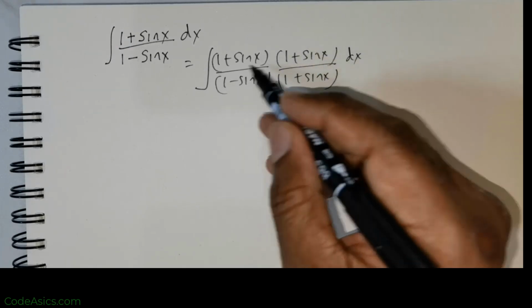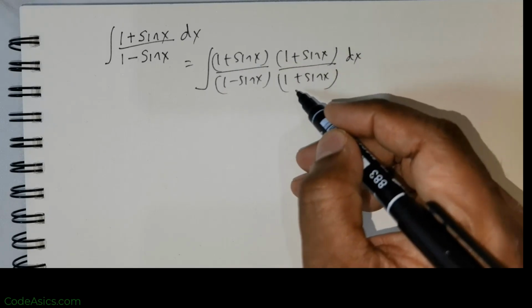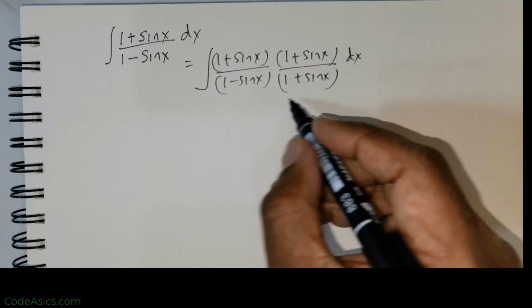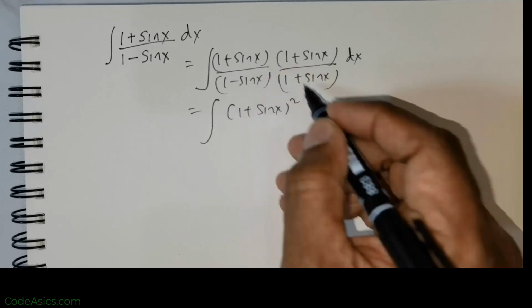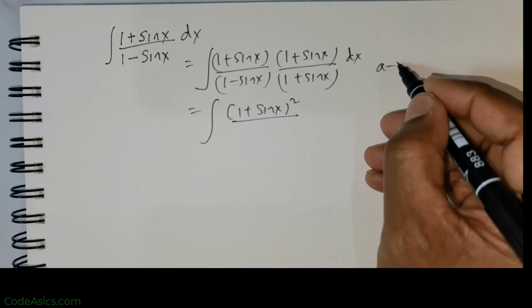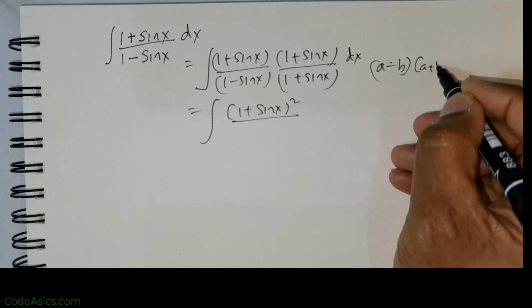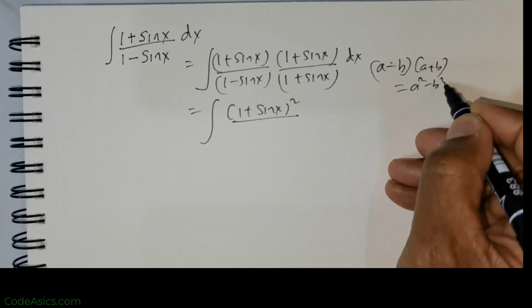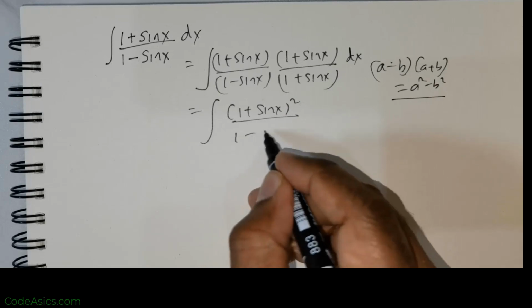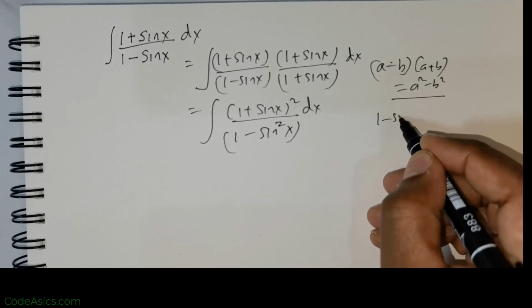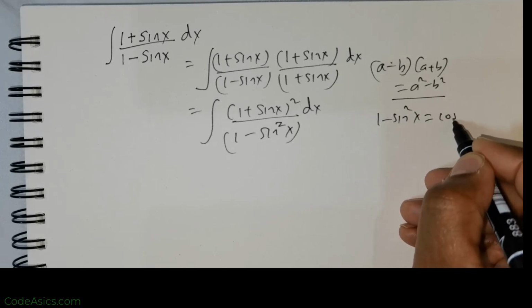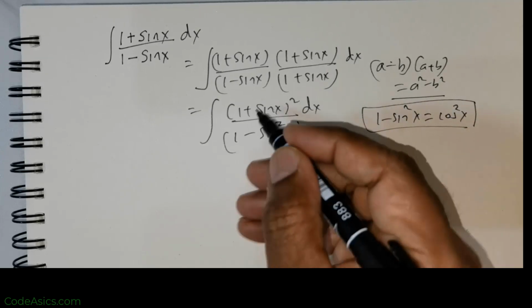So 1 plus sin x in the numerator and 1 plus sin x in the denominator. So this is going to give me 1 plus sin x raised to the power of 2. Now a minus b times a plus b will give me a squared minus b squared. So this is going to be 1 minus sin squared x times dx. But 1 minus sin squared x is cos squared x, so I can substitute that.